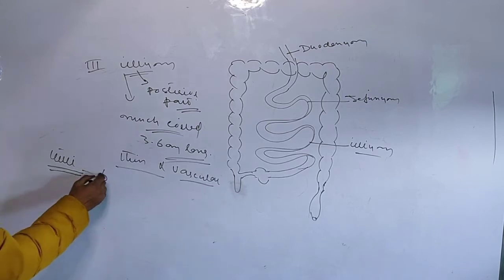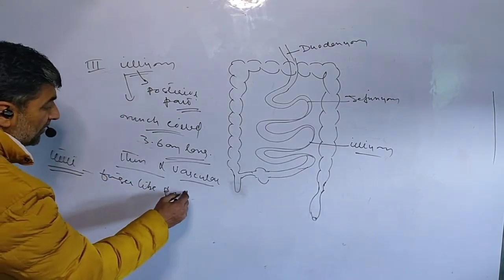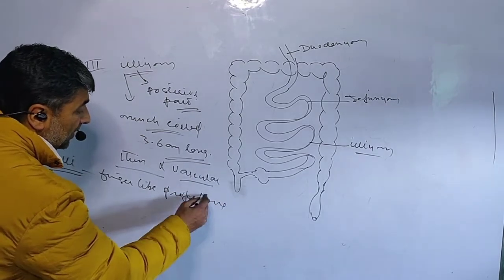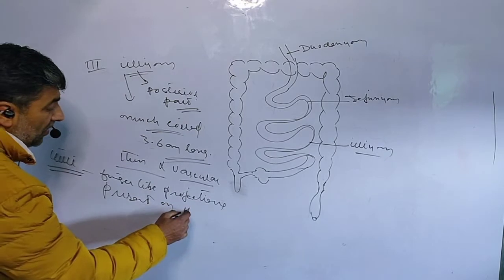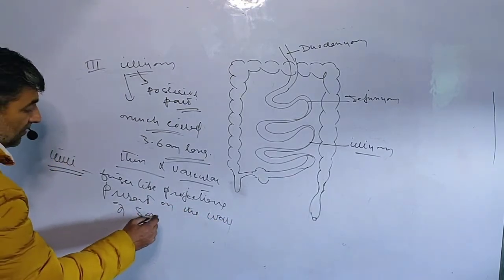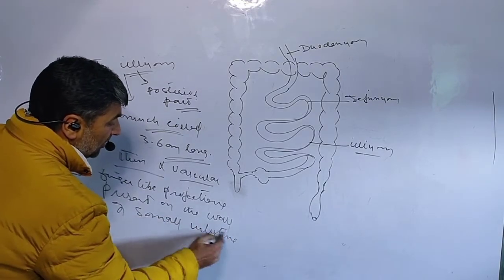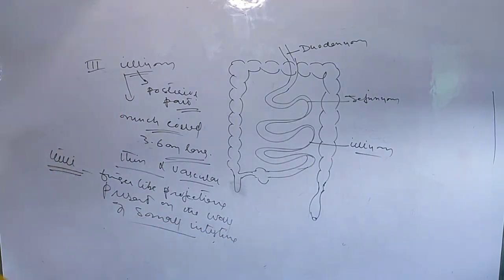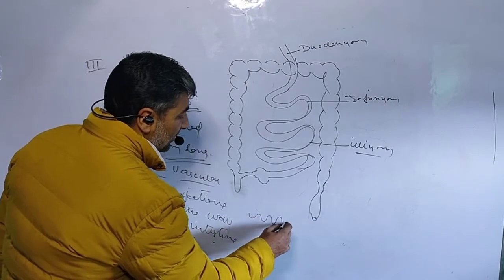These are finger-like projections present on the wall of small intestine. Like this. These are called villi.